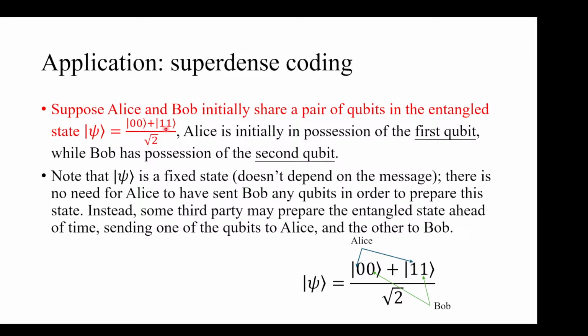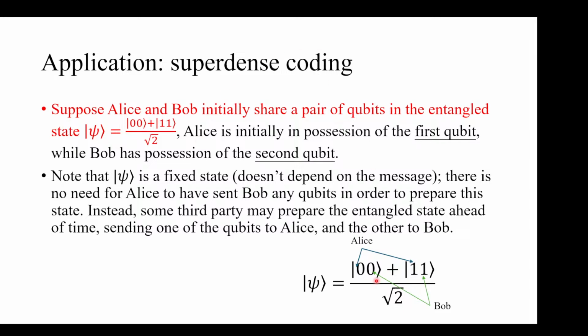We assume Alice and Bob already hold 2 quantum systems in this state. This is an assumption we didn't talk about previously, but we'll need it to do our superdense coding.